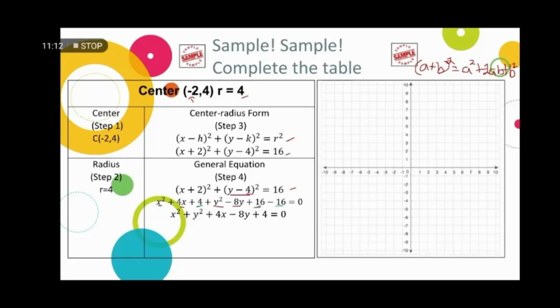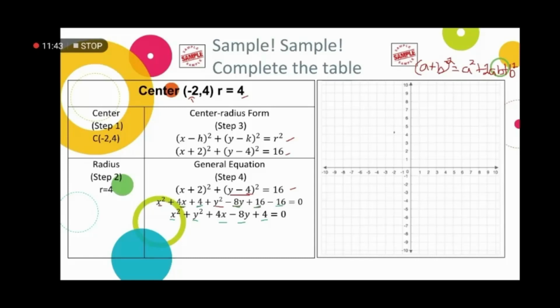Rearranging, x squared plus y squared plus 4x minus 8y, and 4 plus 16 is 20, 20 minus 16 is positive 4. So our general equation will be x squared plus y squared plus 4x minus 8y plus 4 equals 0.